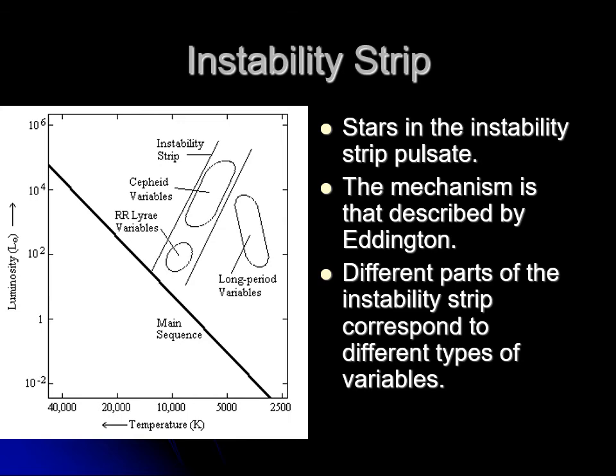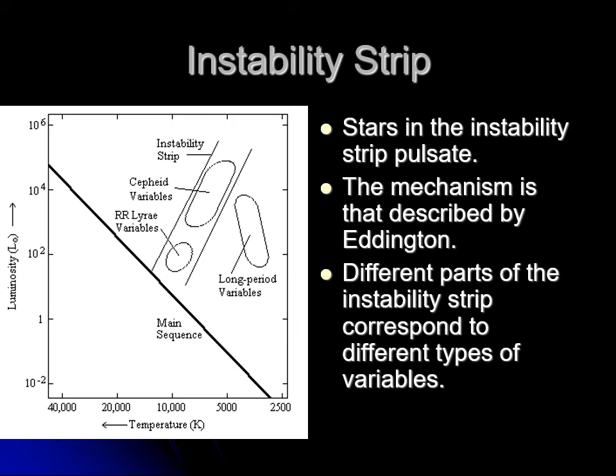Okay. One of the interesting things we discovered, I used the term instability strip when I was talking about Polaris, and that is on the HR diagram, you get the main sequence running diagonal. Turns out that there is a region in here, and pretty much any star in this part of the HR diagram is going to have a layer in it that is expanding and contracting, and so they will pulsate.